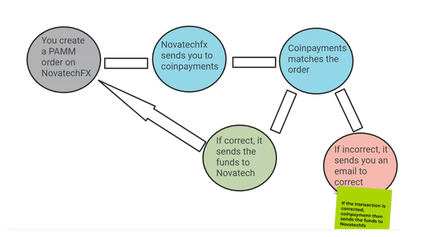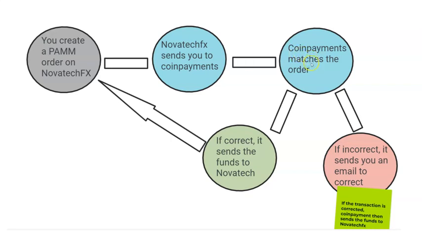So here's what that process looks like inside of Novatech FX. You go in, you decide to make a deposit, and you create a PAM order on the Novatech FX website. Novatech FX then sends you to the COINPAYMENTS website in order to complete that payment. Once you leave the Novatech FX website, Novatech FX can no longer see what's happening on the COINPAYMENTS side, and this is where COINPAYMENTS picks up and takes over all of the support from here on out.